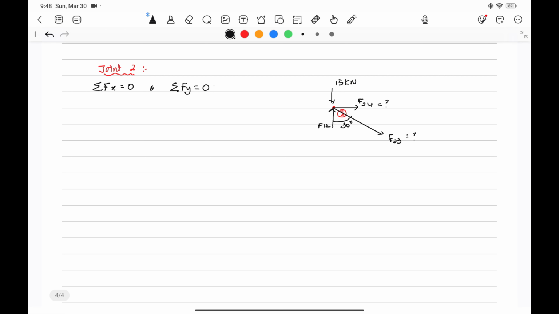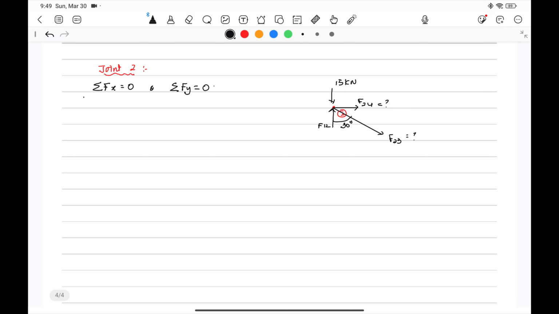Now, when F23 moves towards the x-axis, 30 degrees, when it is near to the y-axis, it is sin 30. Near to the y-axis is cos 30, away from the y-axis is sin 30. Now, you please see what it will be.